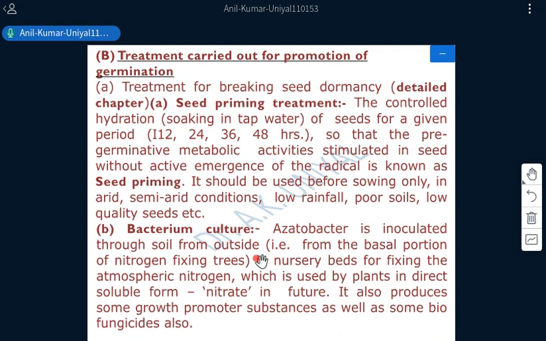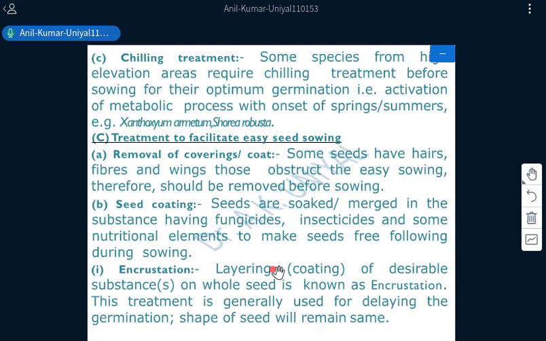Soil beneath them is collected for this purpose and brought to the nursery beds for fixing atmospheric nitrogen, which is used by plants in direct soluble form, that is nitrate. It also produces some growth promoter substances as well as some biofungicides. That is the role of bacterium culture for growing the seeds in the nursery.